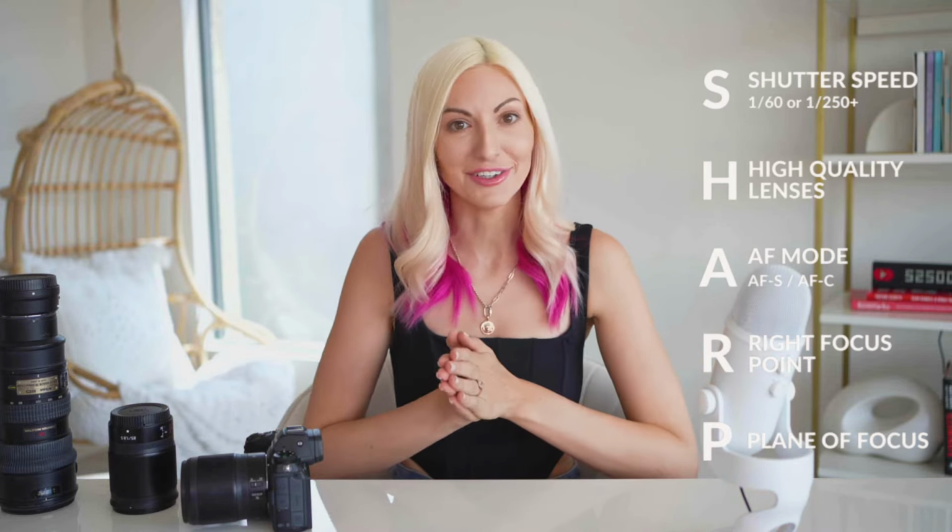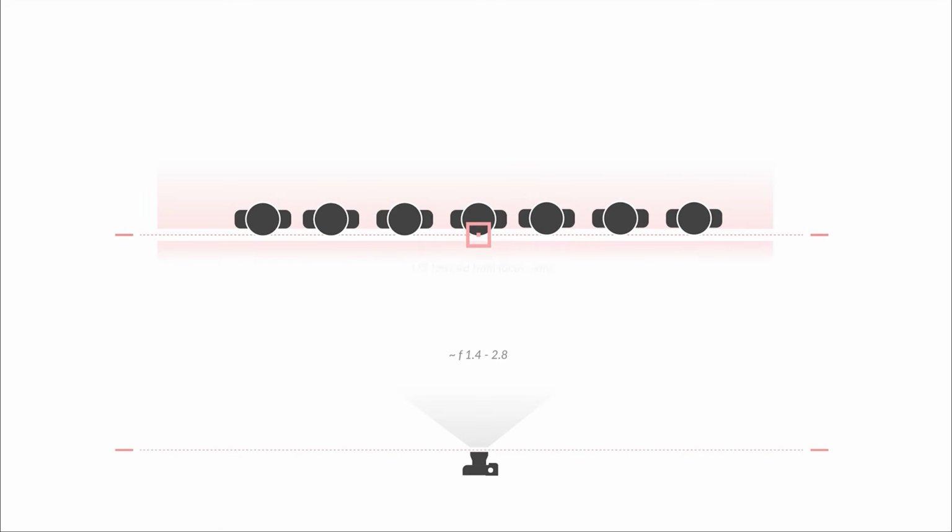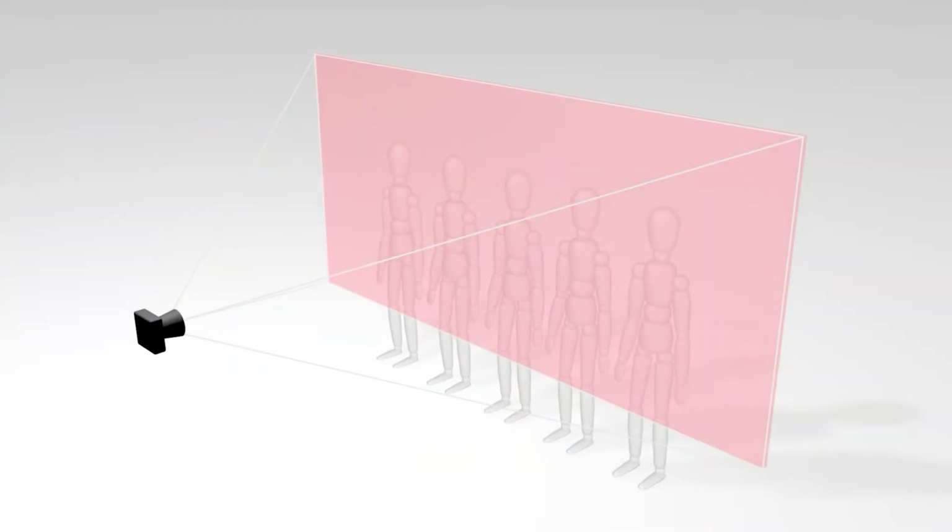And this actually leads perfectly to the next part of our sharp focus framework, which is P for plane of focus. Understanding our plane of focus is really key to achieving sharp images, especially when shooting at those lower apertures and f-stops. There's two primary factors that make up your plane of focus. The first is the focus point that you set your camera to. And the second thing is your camera angle.